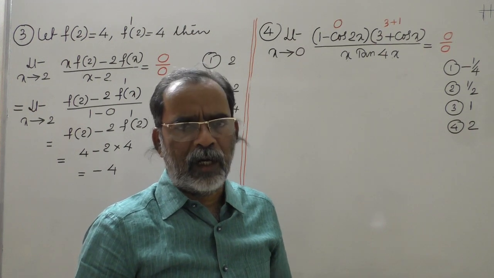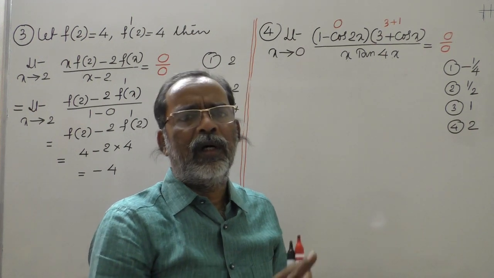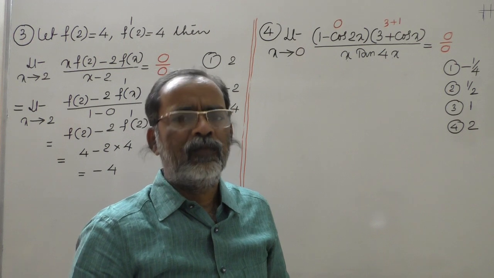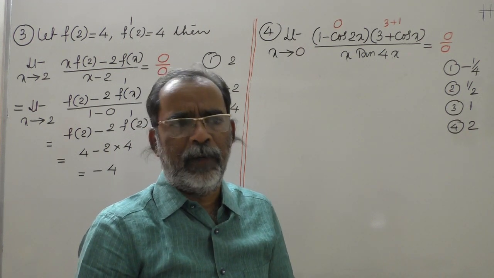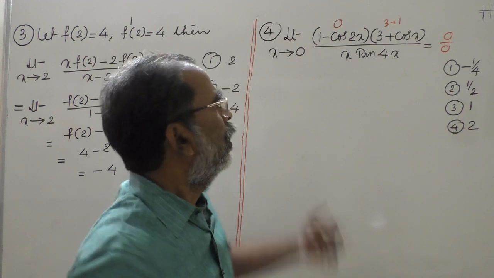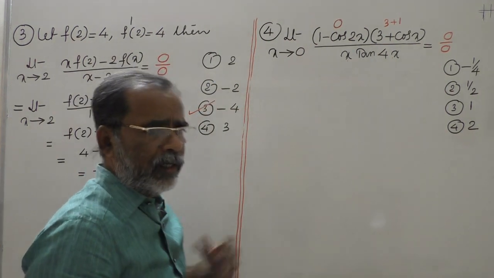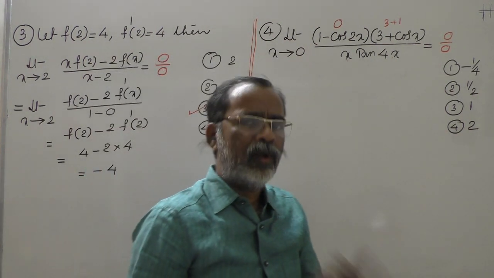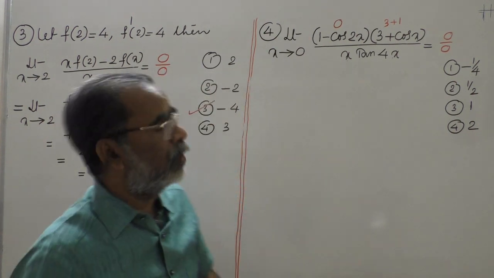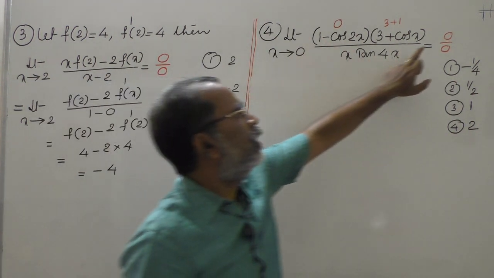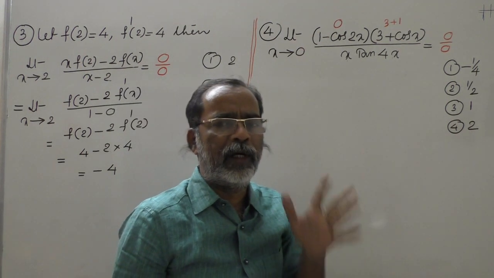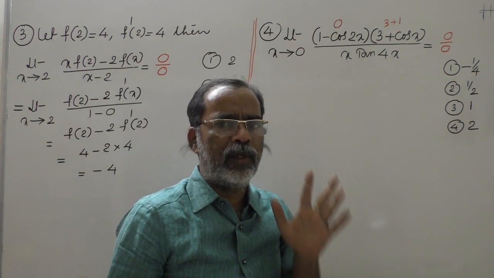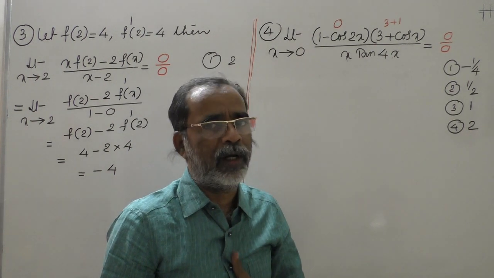If any roots are there, you can use the rationalization method. Or you can also use some standard limit wherever they fit. What is the alternative? L'Hospital rule can also be applied. Since it is 0 by 0 or infinity by infinity, for those two L'Hospital rule can be applied.